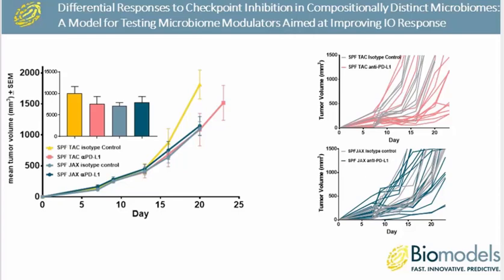And what we found was that at this suboptimal dose, while animals from one vendor were able to respond to the checkpoint inhibitor therapy to have inhibition of tumor growth, the animals from the other vendor were already sort of at the low level that the Taconic animals ended up as, so that they couldn't respond anymore to the checkpoint inhibitor therapy.